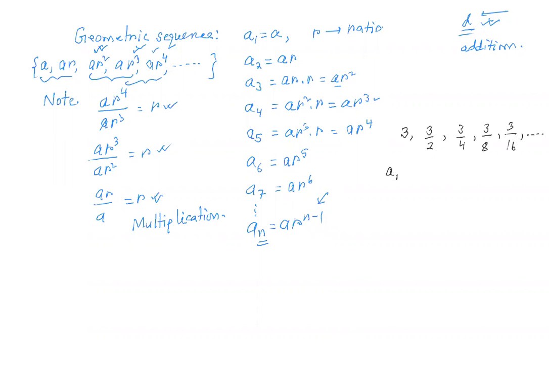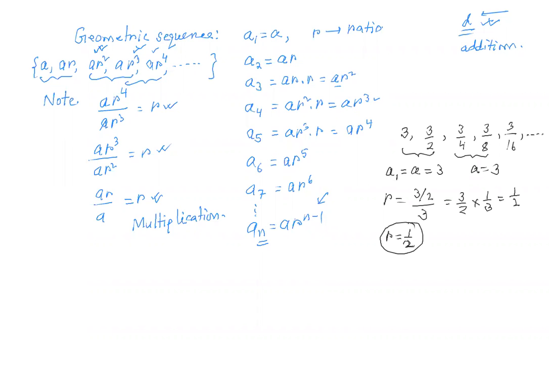Of course, A1 is equal to A, which is just 3. So your A is 3. What is your R, the ratio? You can take any two consecutive terms. So let's take the first two, or you could take the third and the fourth, or the fourth and the fifth, doesn't matter. Taking the first two, take the later term, 3 over 2, and divide it by 3. That's going to give you 3 over 2 times 1/3, which is 1/2. R is equal to 1/2.